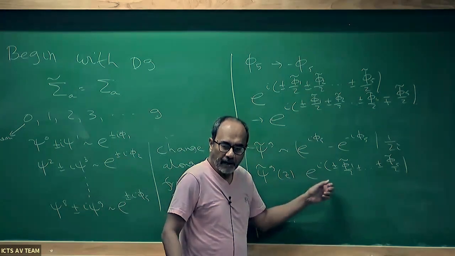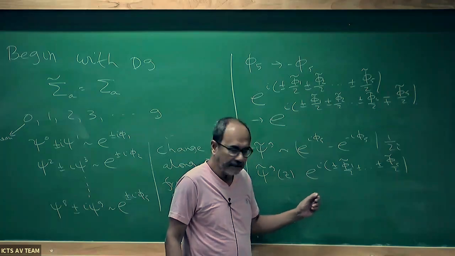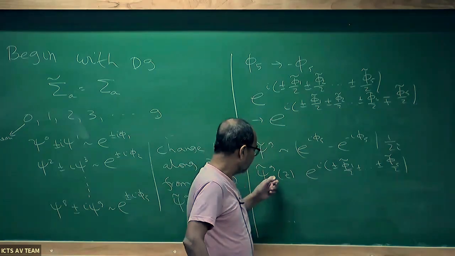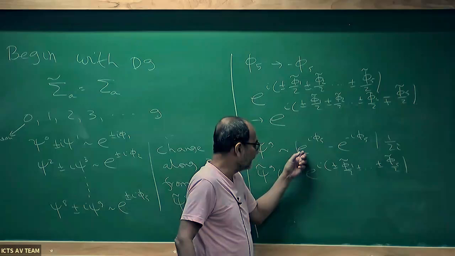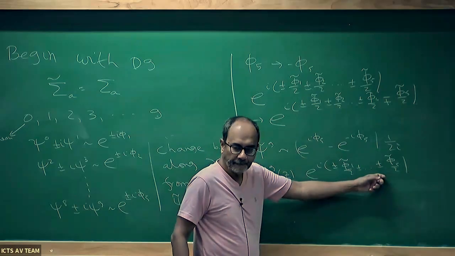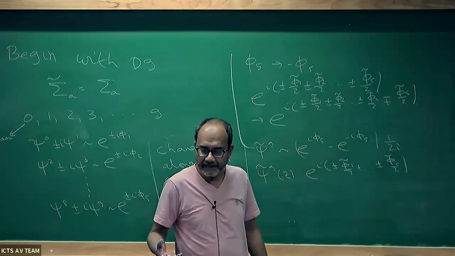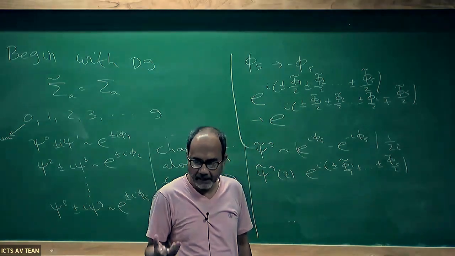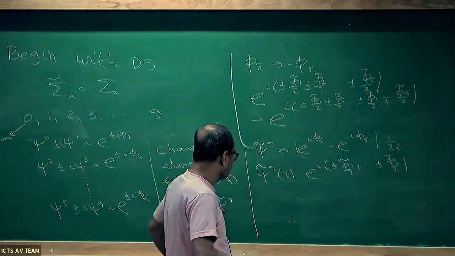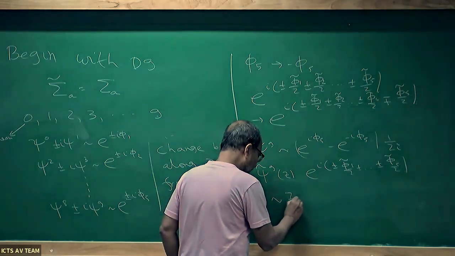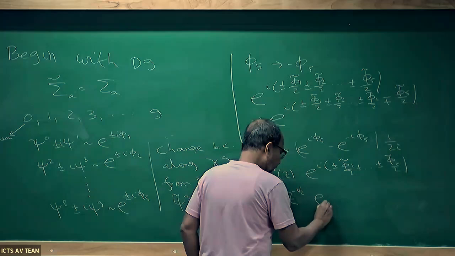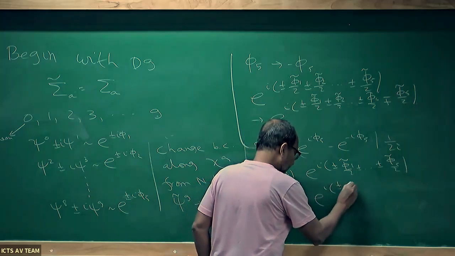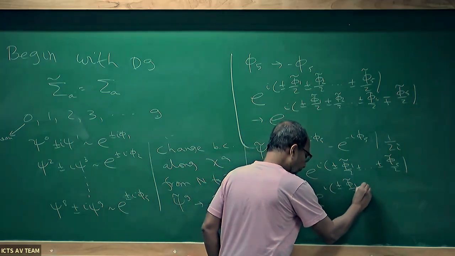The most singular part will come when you pick the part of psi tilde 9 that has opposite sign compared to this, because that will have z to the minus half. The other one will have z to the half. So this will go as z to the power minus half on e to the I plus minus phi tilde 1 by 2.